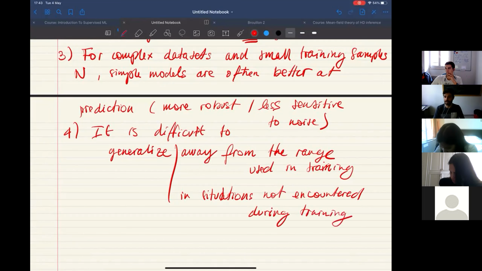So this just says that predicting is hard. The machine learning problem is difficult.